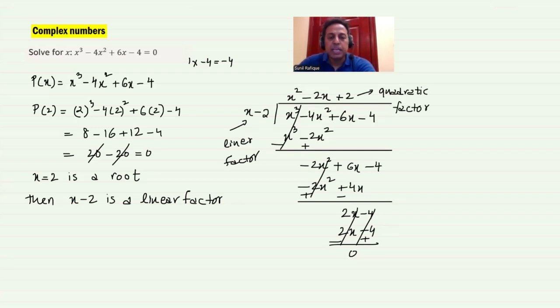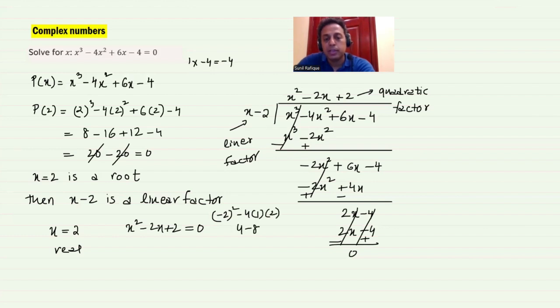So how do we get all the roots of this equation since I need to solve it? A linear factor gives you a root, which is a real root. Let's see what the quadratic factor gives me. So x squared minus 2x plus 2 equals 0. You can calculate the discriminant mentally as well, but let's see, b squared minus 4ac.